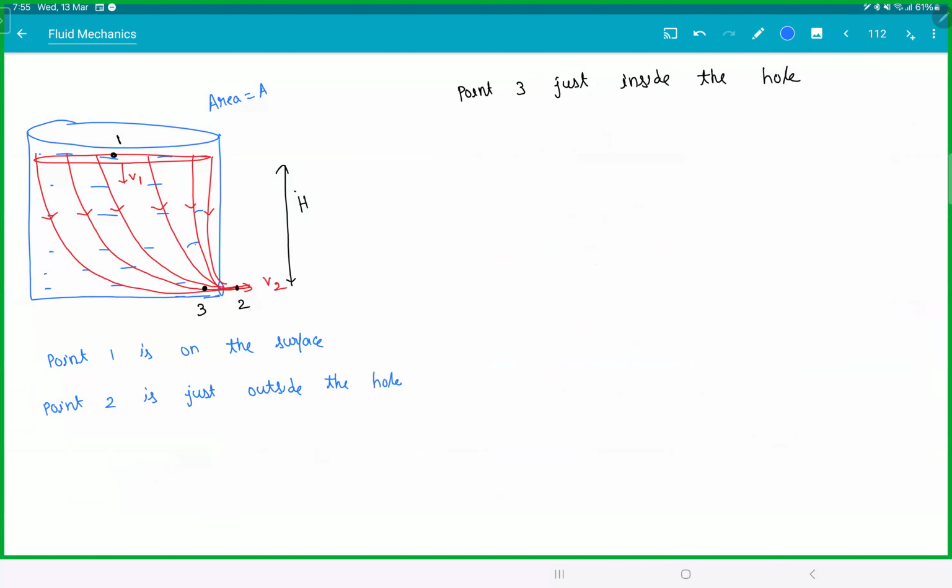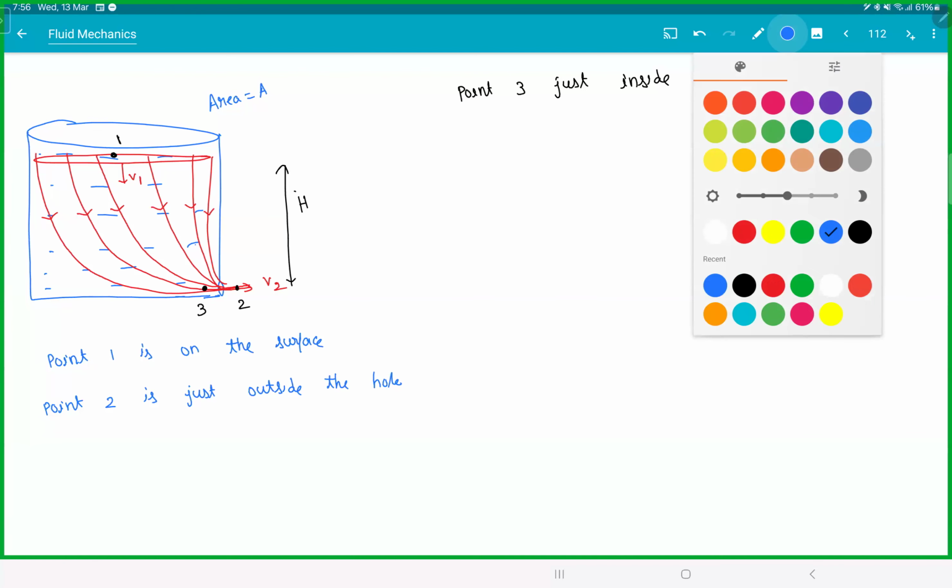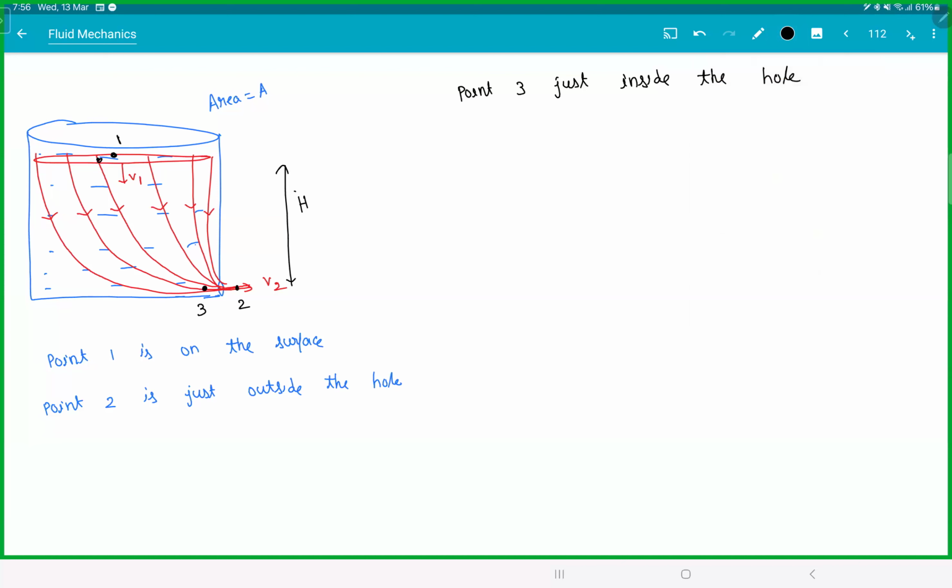What is the problem? I am taking points 1, 3, and 2 all on the same streamline. 2 is just outside, 3 is just inside. It is streamline flow. Just inside, so the area is almost A only.